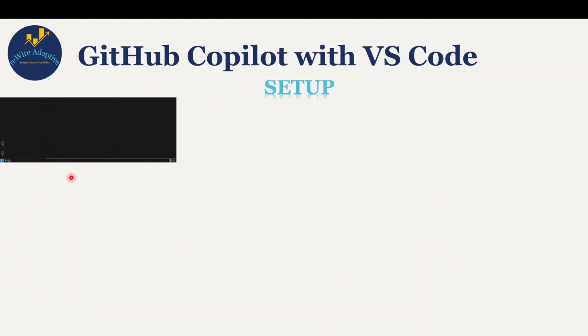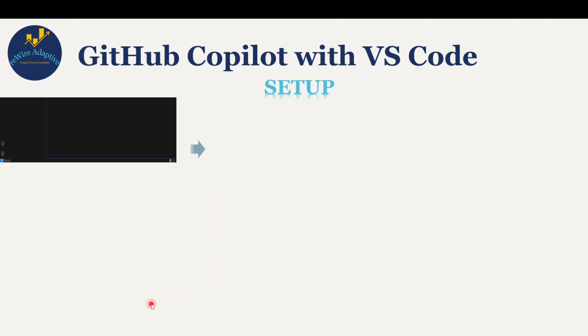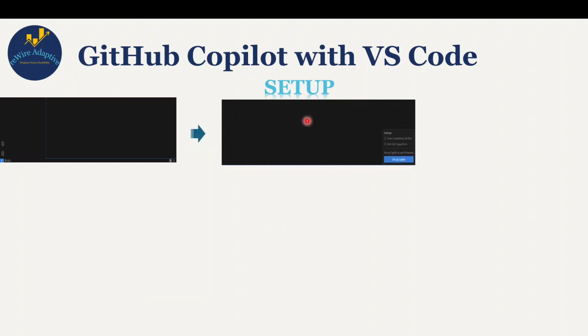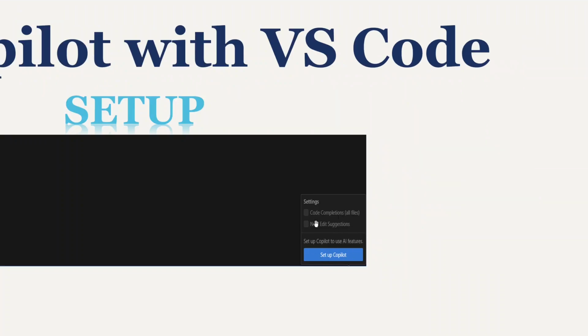Okay, so here you can see the icon. This is the GitHub icon. If you click on this one, it will present the next screen in VS Code. See this screen, Setup Copilot. Okay.